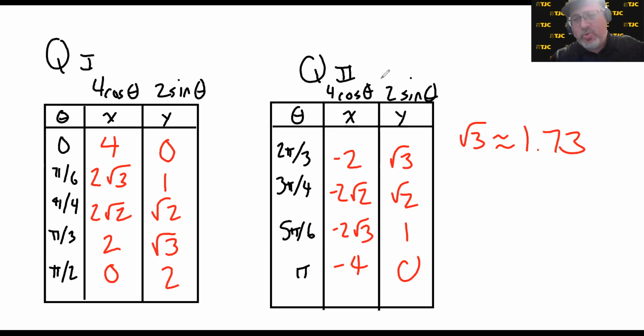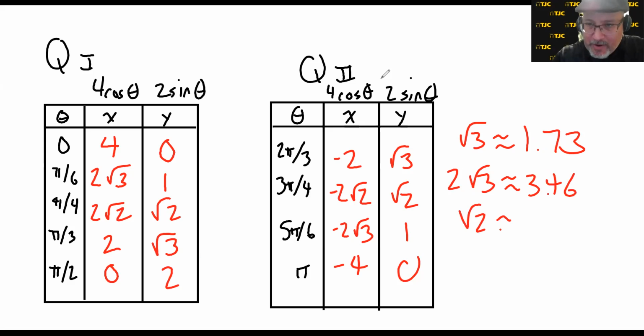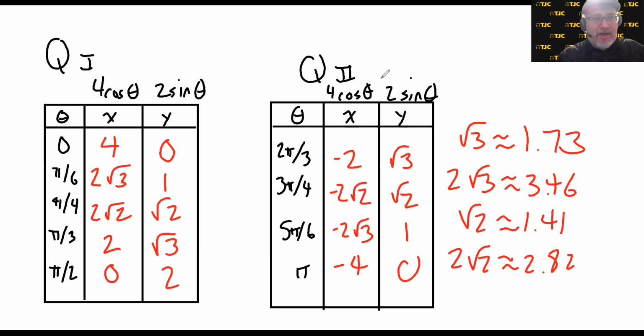Sorry, my brain was thinking square root of 3 over 2. If we double that, we'll get about 3.46. The square root of 2 is about 1.41, and so if we double that, we get 2.82. So those decimal equivalents will help us plot these pretty quickly.